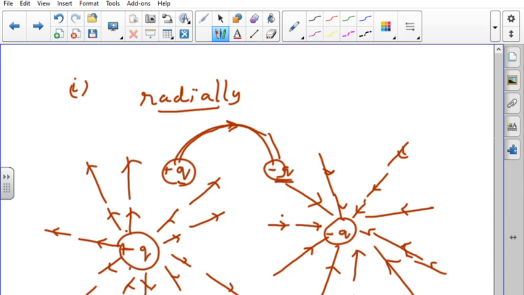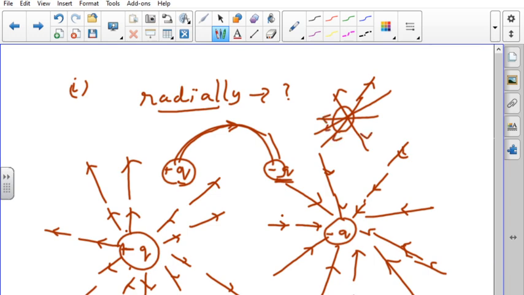Then what is meant by this radial direction? You might have learnt axial direction, the direction which lies along the axis. Then what is this radial direction? It is the direction along the radius of the given circular area. The direction which lies along the radius of the given circular area is nothing but the radial direction.